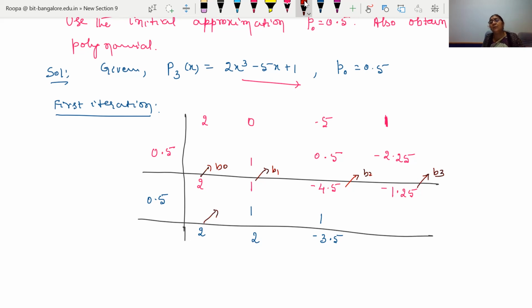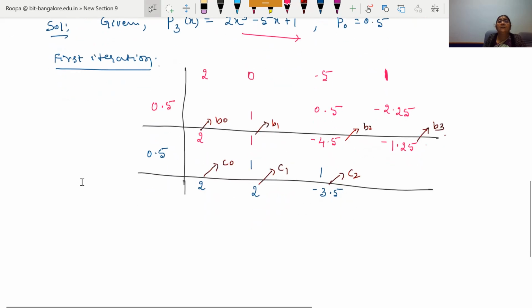Suppose you find up to B4, then you find up to C3. Here we stop at B3 because the polynomial has degree 3, therefore I have to find up to C2, the one before. I don't want C3. Now we have to take the formula for step 4. What's the formula you have?